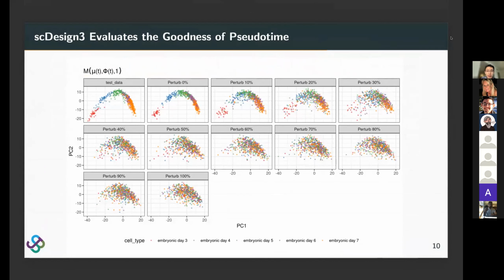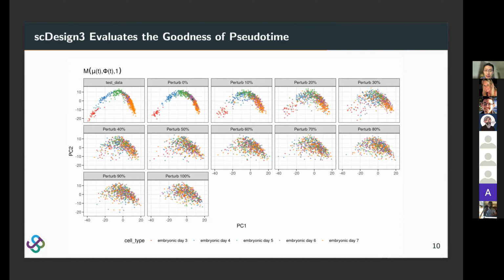Next, a very interesting thing is how to use the SCGen3 to evaluate the goodness of the pseudotime. Here we have the test data, and we also have the pseudotime inferred by the Slingshot pseudotime inference algorithm. After we get the pseudotime estimated by Slingshot, we add some random perturbation of the inferred pseudotime.